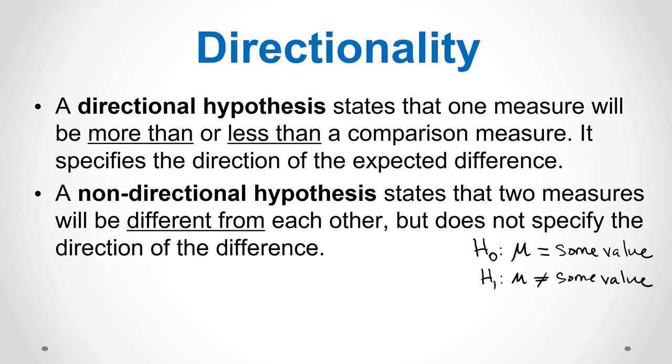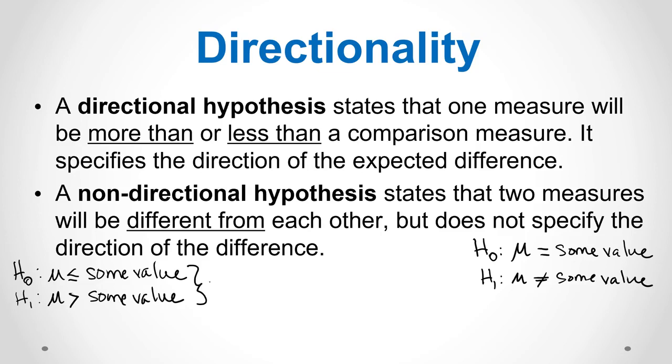The null hypothesis will always be stated as H naught, or H0, colon mu less than or equal to some value. And the alternative hypothesis will always be stated as H1 colon mu greater than some value.